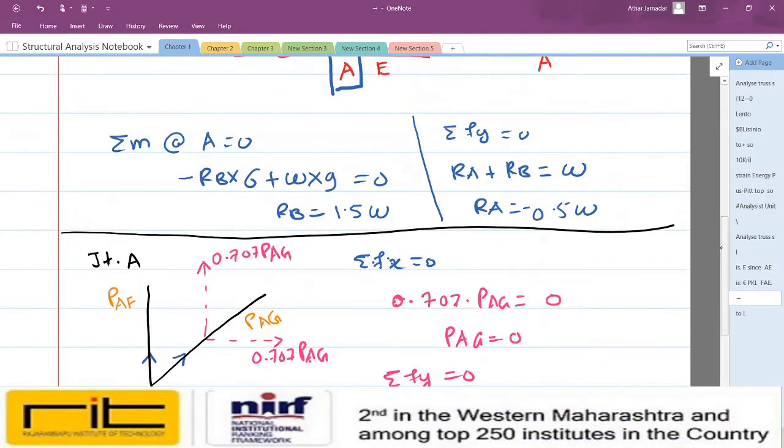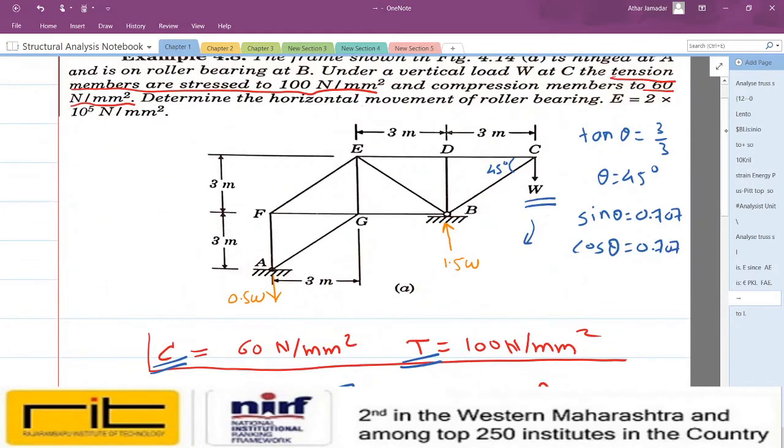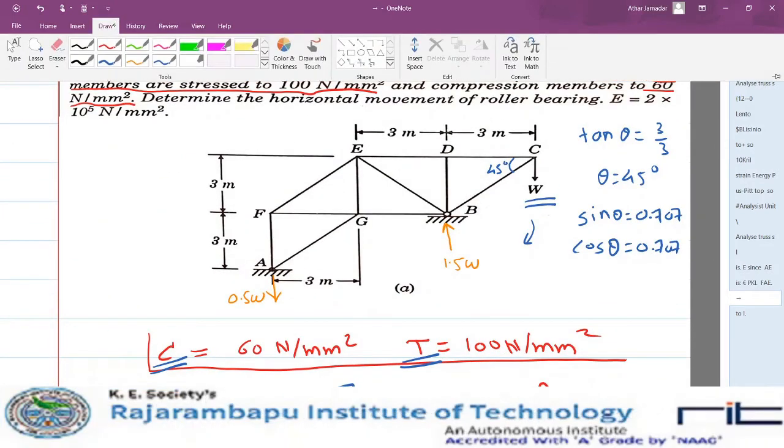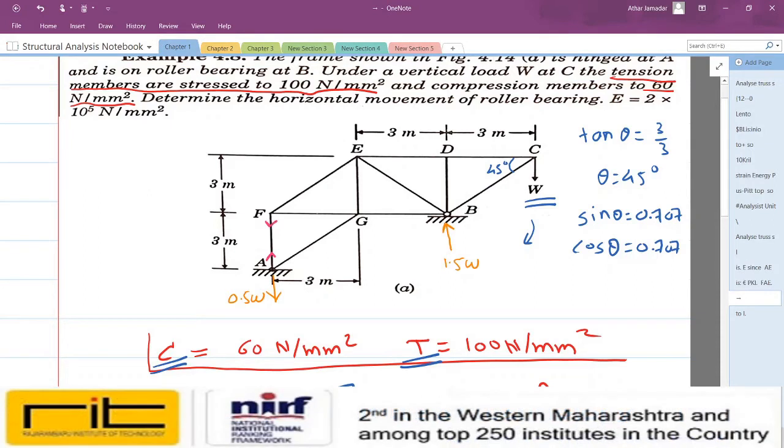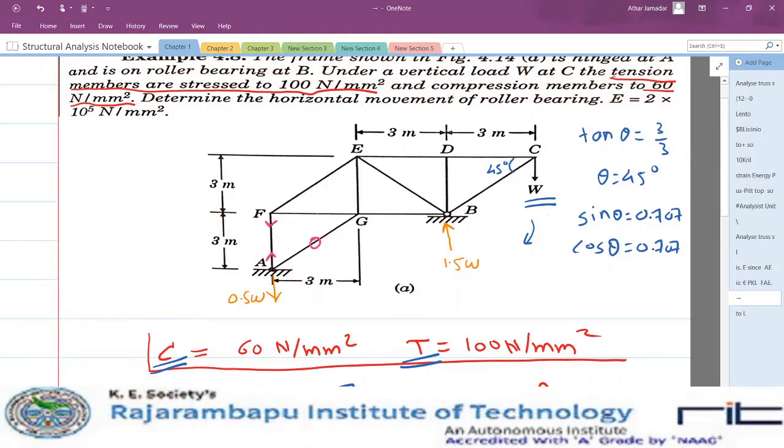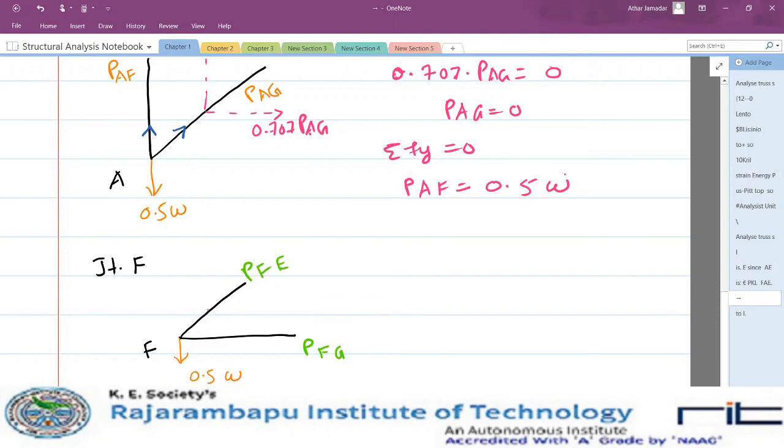We are only interested in the nature of forces, so let us draw here the nature of that force. It is going away from joint, so here also it will go away from joint. PAG is a 0 force member. Nature we will assume going away from joint here also.